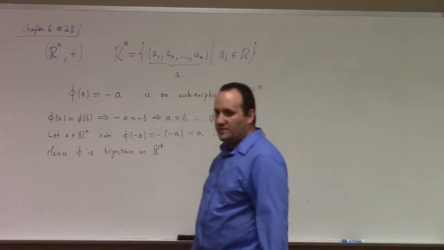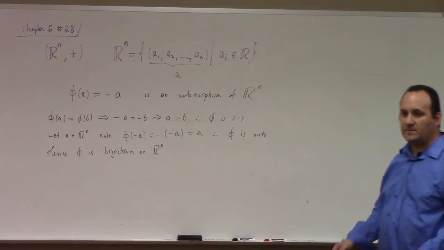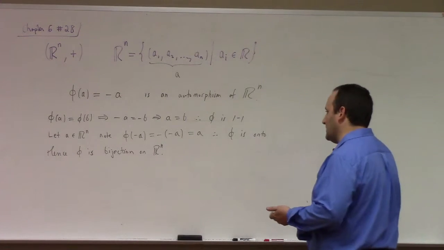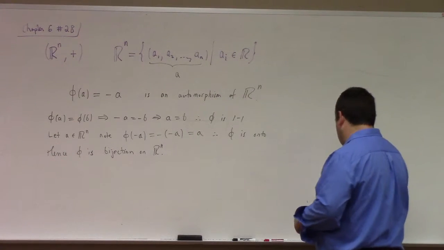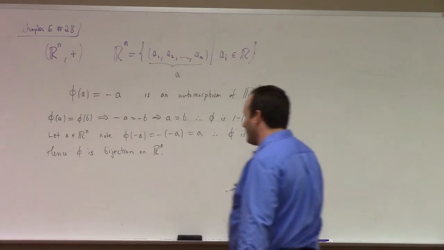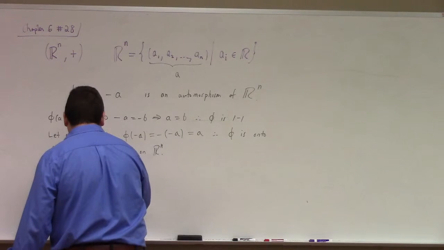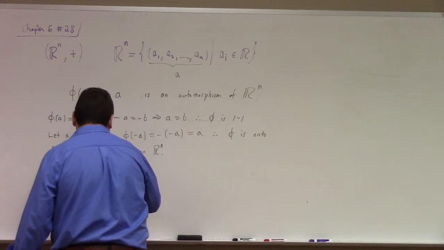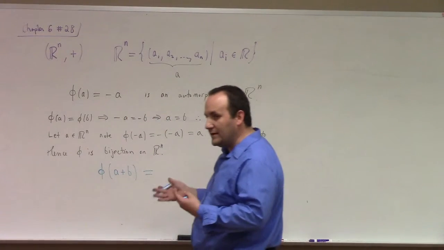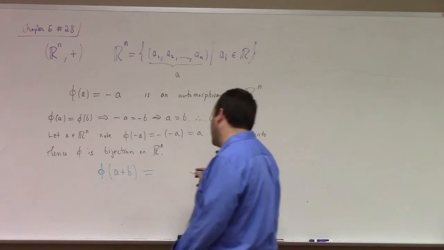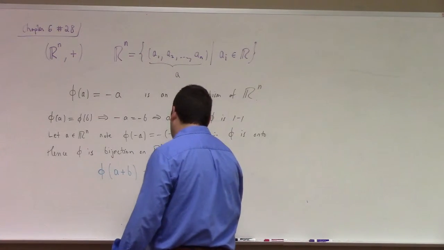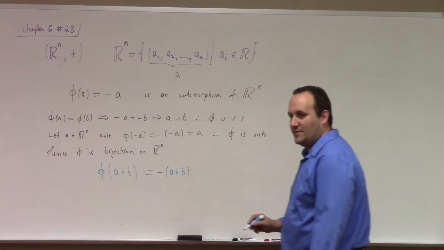We'd say it's an automorphism, but we also need to show it preserves structure, right? What structure are we preserving? We're preserving the additive structure of Rn. So phi of A plus B is equal to, this is a really complicated calculation, so watch out, minus, but this would look so much more complicated if I used component notation like he's trying to suck me into.